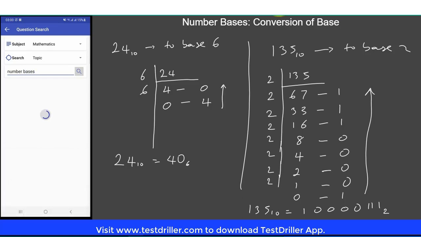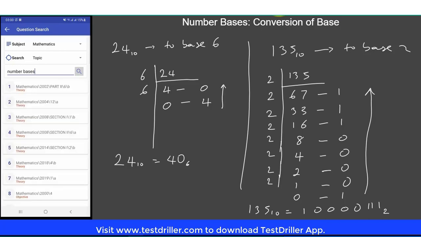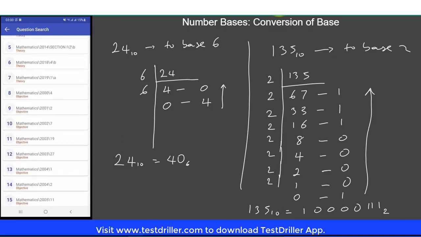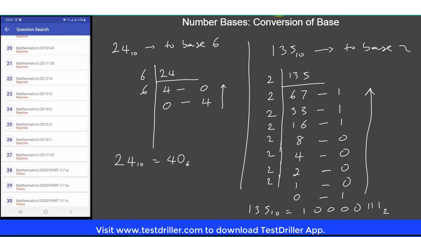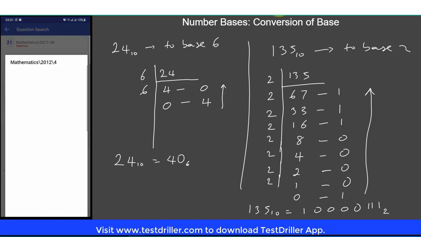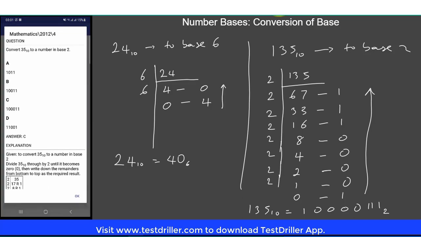In this particular case, I'm interested in the question in 2012, question 4, objective question. The question says convert 35 in base 10 to a number in base 2.